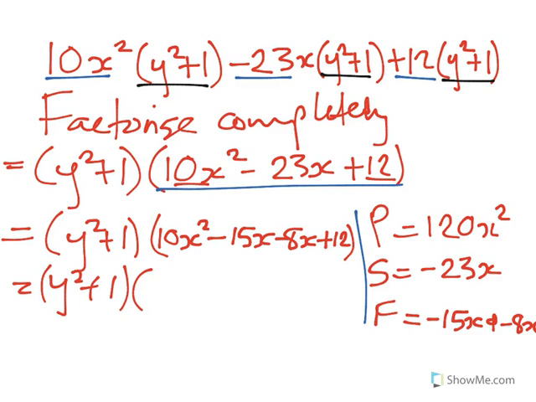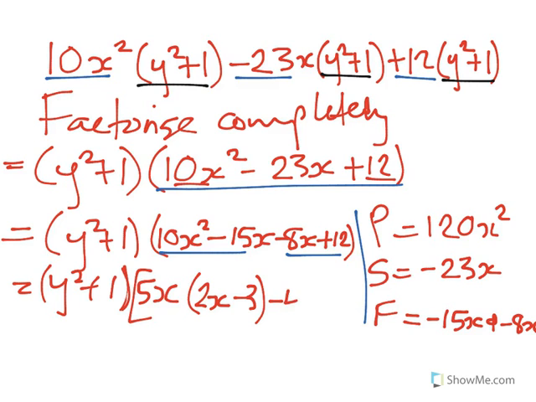Looking at the first two and the last two, what is common? In the first, 5x is common, and you are left with 2x minus 3. In the next, what is common is negative 4, which leaves 2x minus 3.